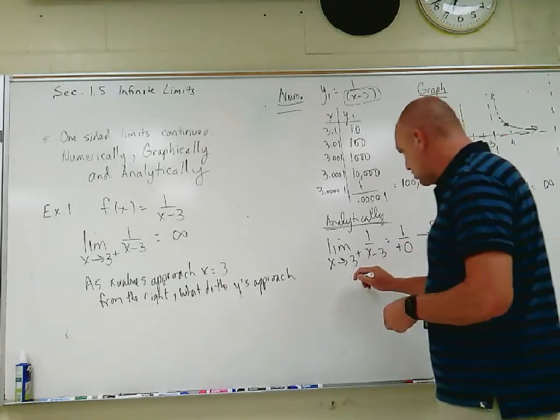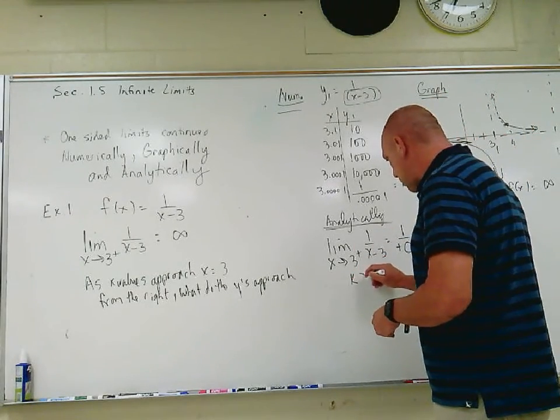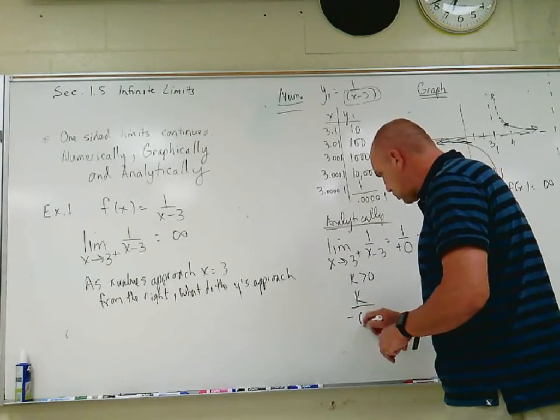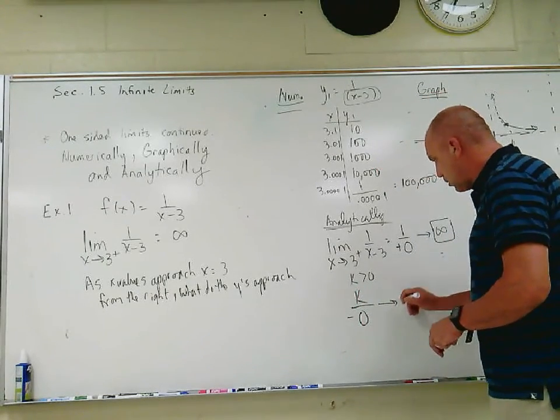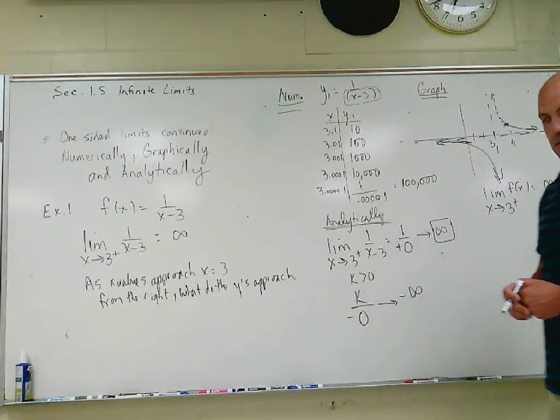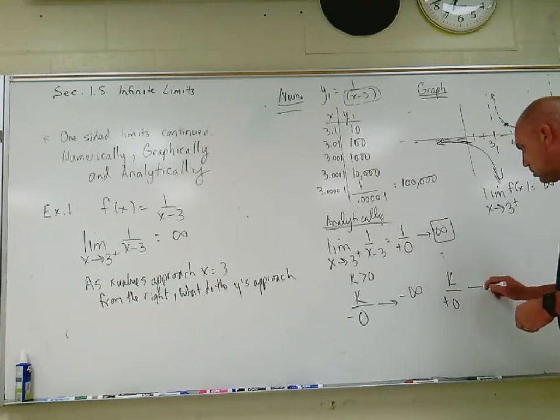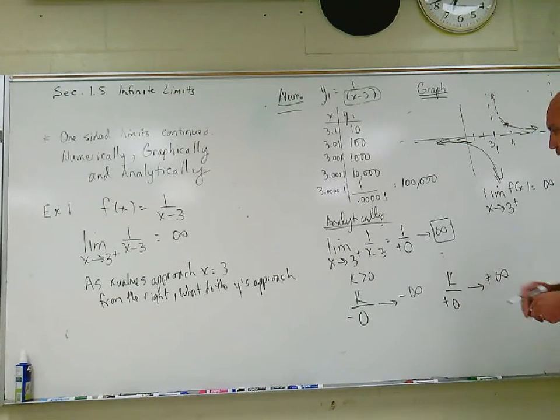So if we just assume this, if k is a positive number, and I have k over something that goes to negative 0, then that's going to go to negative infinity. If I have k over something that goes to positive 0, then that's going to go to positive infinity. And k, again, I'm just using as a constant. And this is how I would work the problem in that method without a calculator.